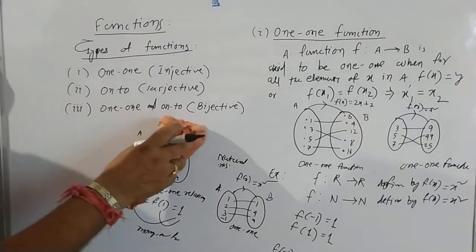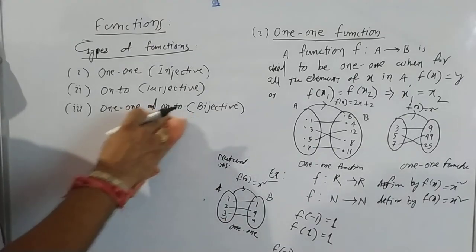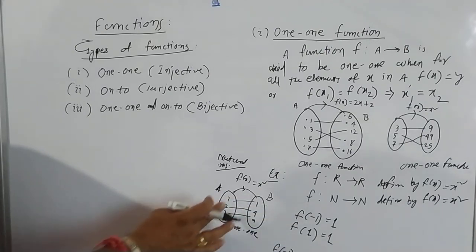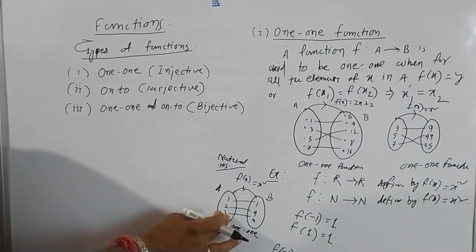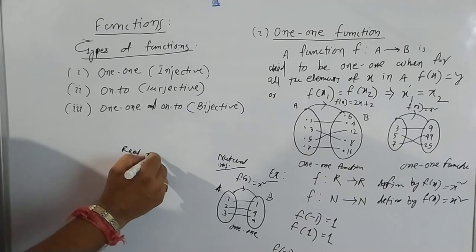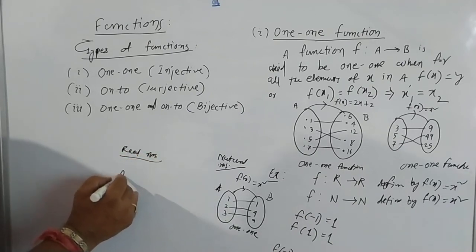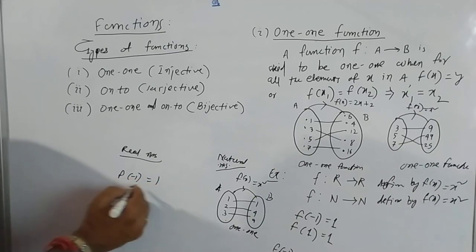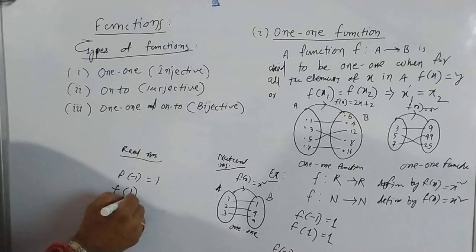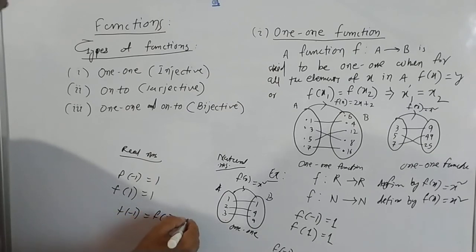Okay, once again I am repeating this. In the set of natural numbers, this is true because you have taken only natural numbers, so there is no chance of taking minus 1. But in case of real numbers, f of minus 1 is equal to 1, as f of x is equal to x square, f of 1 is equal to 1. So f of minus 1 is equal to f of 1 is equal to 1.